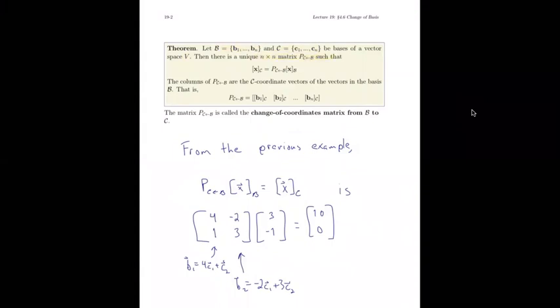This is what I was hinting at previously, such that we can get the vector in C coordinates for x by a transformation, this n by n matrix, in other words, this matrix times the B coordinates of the vector x. So this is a transformation from B coordinates to C coordinates, as we see here.